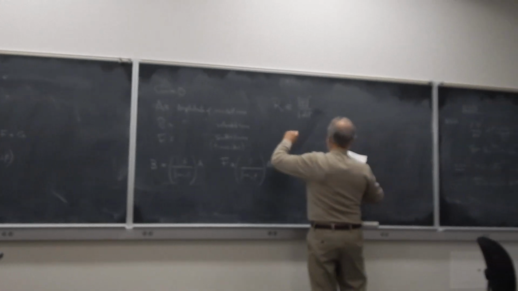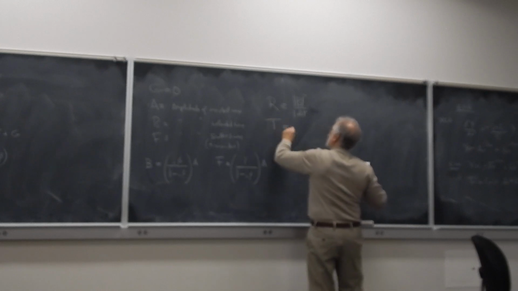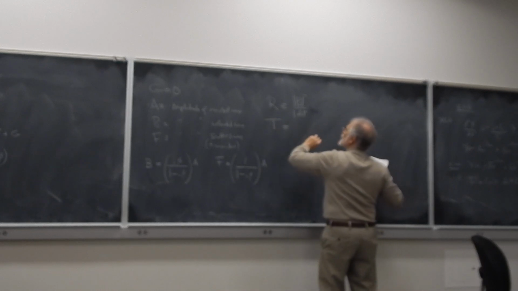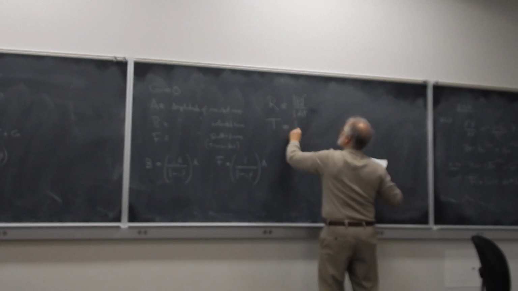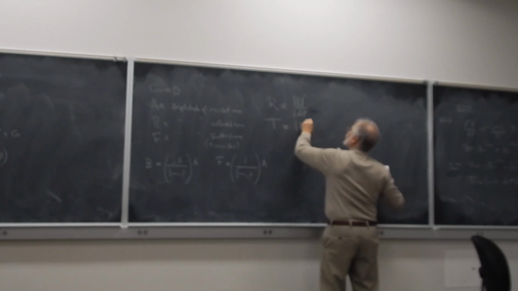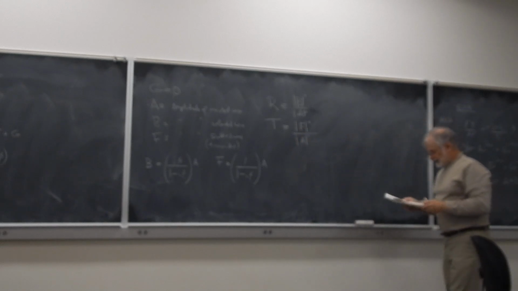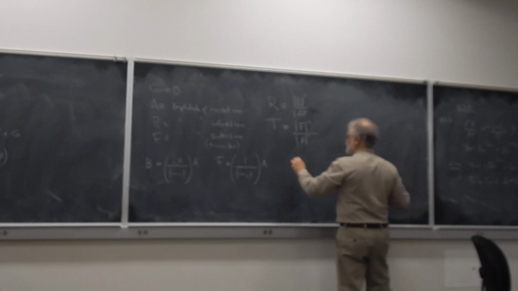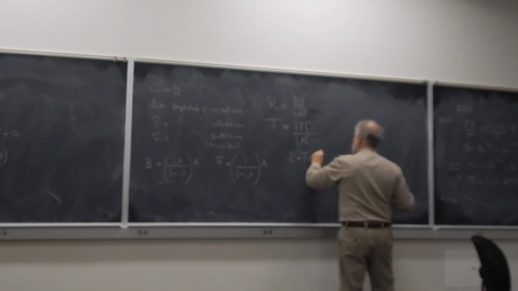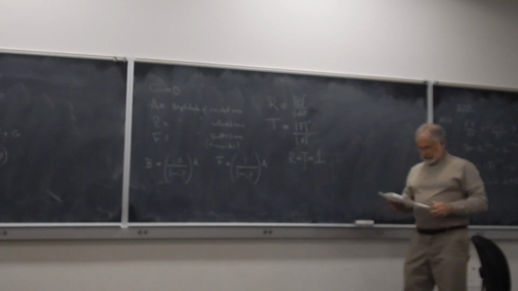By the same token, we are going to define our probability of transmission as the amplitude of the scattered wave or transmitted wave squared divided by the amplitude of the incident wave squared. And of course it must be, it's either reflected or transmitted. So if I add the two coefficients together, of course I should get 1.